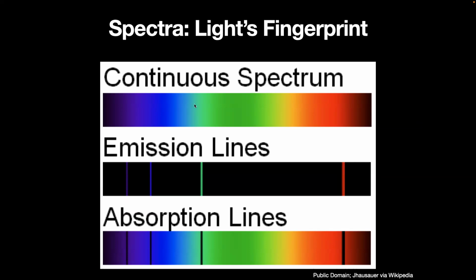It's basically a rainbow that white light is composed of. It has some of each color. Then an emission spectrum, so these are emission lines. We see bright lines appear through a spectrograph against a dark background. And then absorption lines are the inverse of that. Dark lines appear against a continuous spectrum. These dark lines indicate where light and energy is being absorbed.